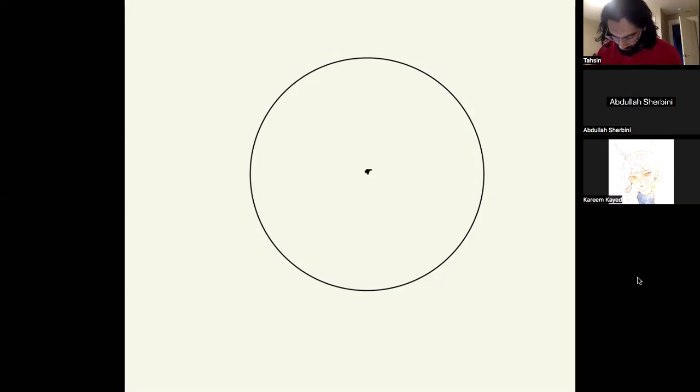So in this problem, you have a semicircle. I've drawn the whole circle.